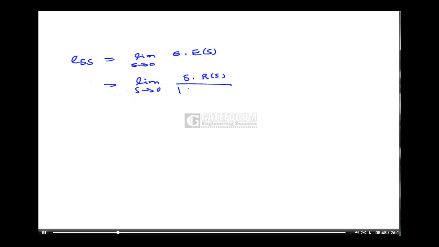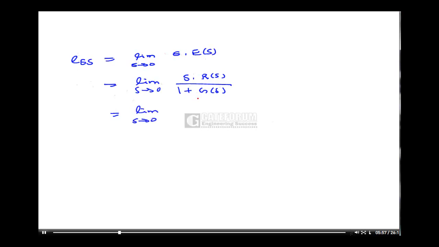Within this, we also have to find the steady state error. ESS is limit s tending to 0 of s into E(s), which is equal to limit s tending to 0 of s into R(s) upon 1 plus G(s), because this is a unity feedback. H(s) is automatically 1.